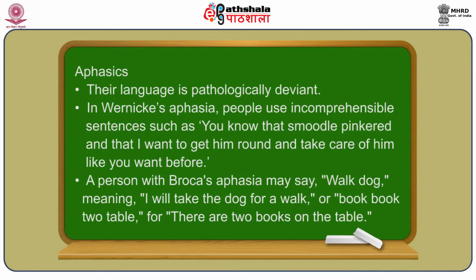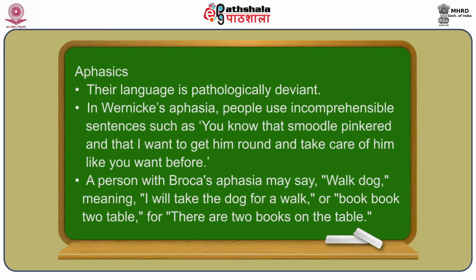On the other hand, if you look at aphasics, their language is pathologically deviant. They have some pathological problem, and if you look at the screen, if you have Wernicke's aphasia, then you can speak sentences like, "that Spoodle pinkered, and that I went to get him round and take care of him when you want before." So it's all messed up.